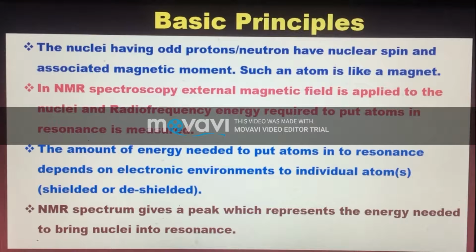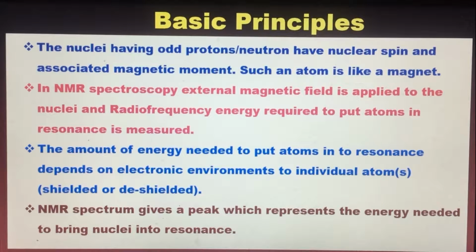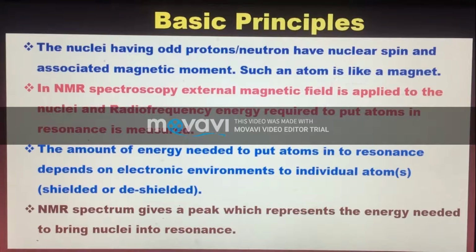The nuclei having odd protons or odd neutrons have nuclear spin, and with this nuclear spin there is an associated magnetic moment. Such an atom acts like a magnet.